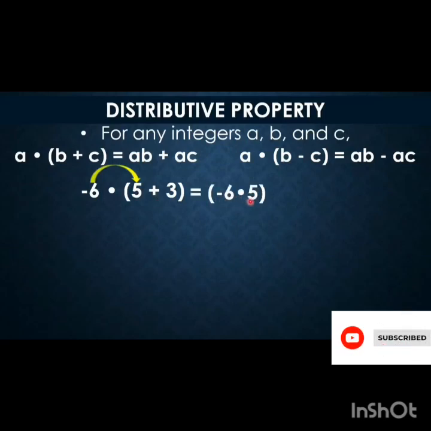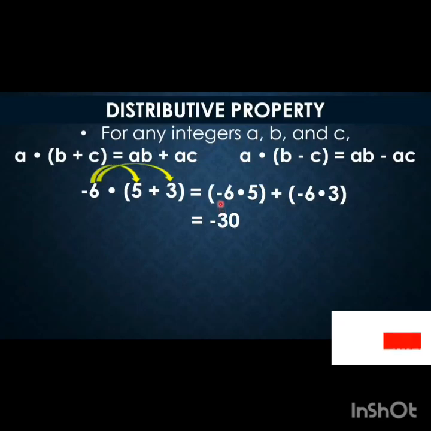Negative 6 times 5 is negative 30, and plus times minus is negative, so the answer is negative 48.